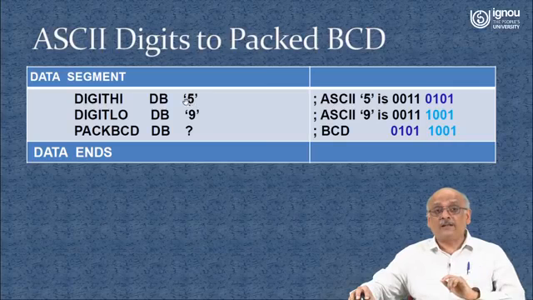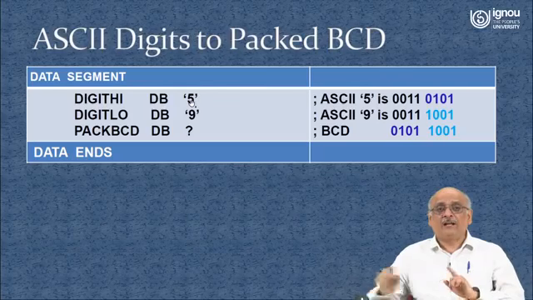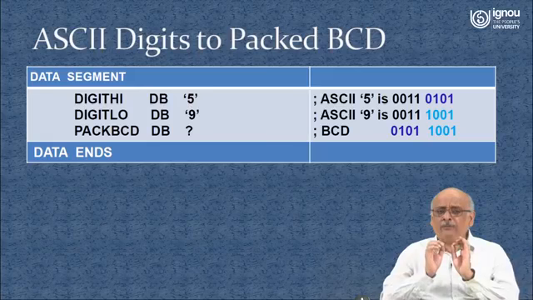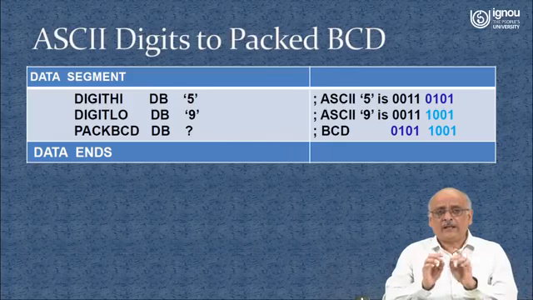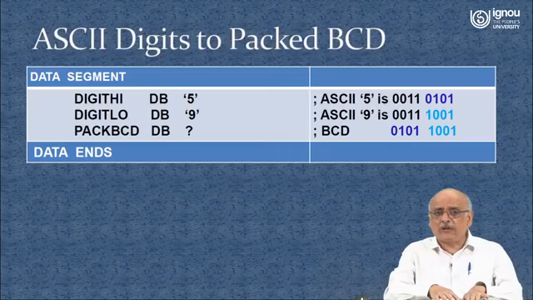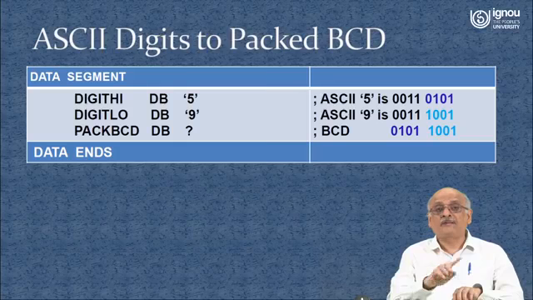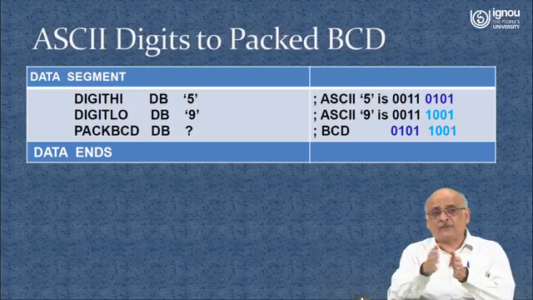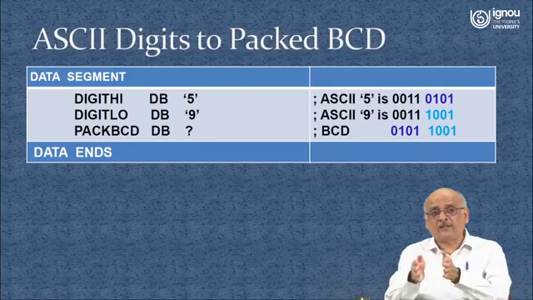If I enclose it in single quotes, it simply communicates to the assembler that it is ASCII. And remember one particular thing, whenever you input anything from the keyboard, it is ASCII. Some of you who may be web programmers know that you have to convert ASCII to digits, a digital conversion.